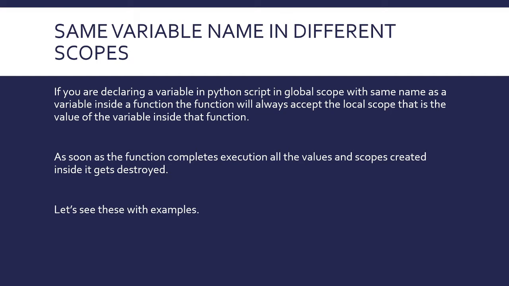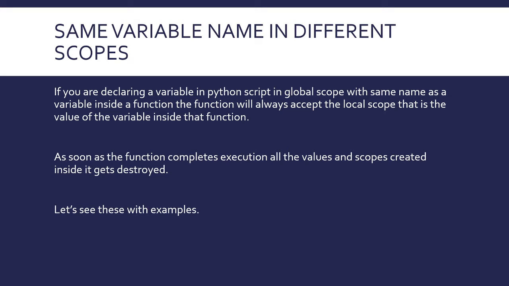Suppose I have given my name in a variable called name, and I have stored the value of my name there, and I have assigned a different value inside a function. Then the function will accept the different value that I assigned inside that, instead of accessing my name that is defined in the global scope.